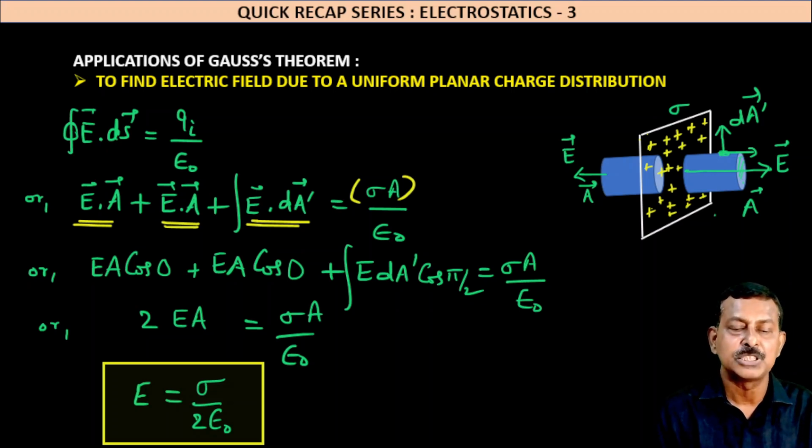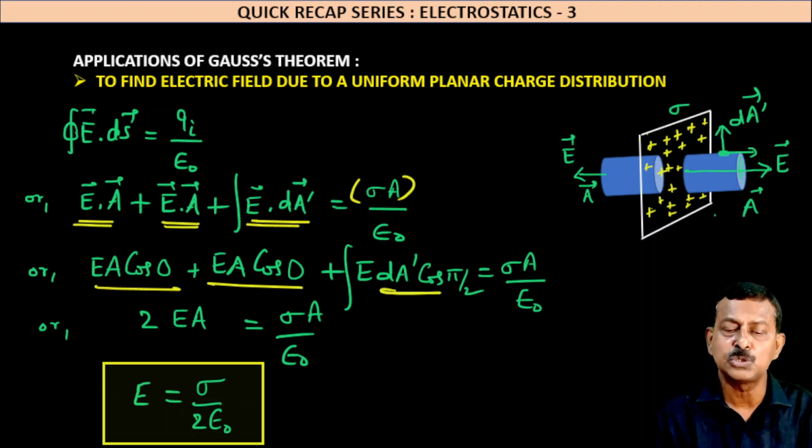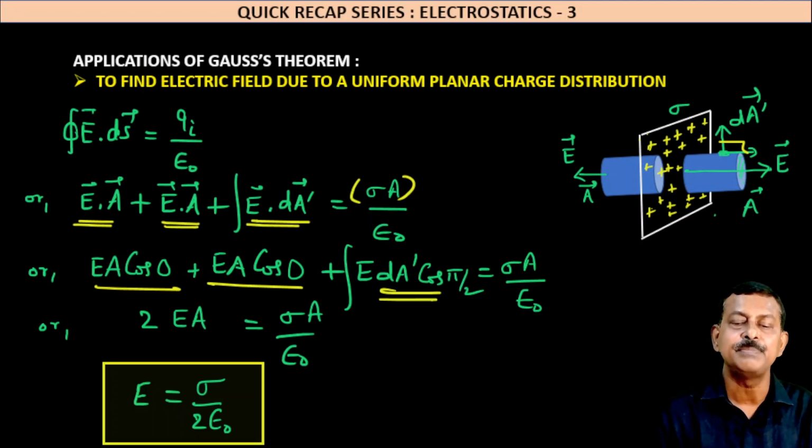Now the first term will be EA cos 0 because the angle is 0 here. Second is also EA cos 0. Third term, E dot dA dash, will be E dA dash cos pi by 2 because the angle is 90 degrees here. So this is sigma A by epsilon naught.